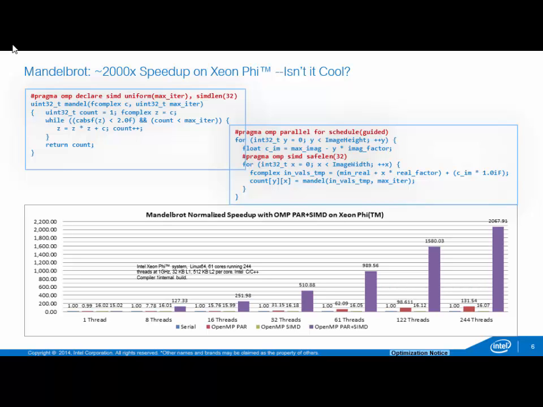Without the parallelization, only vectorizing the inner loop, the speedup you get from vectorization is about 16, because the Xeon Phi vector length is 512 bits, right? If it's single precision, then the vector length is 16.